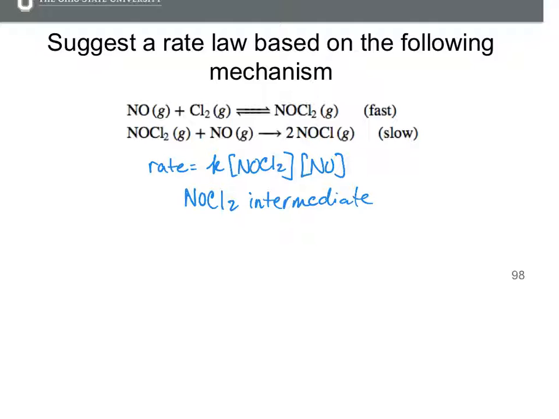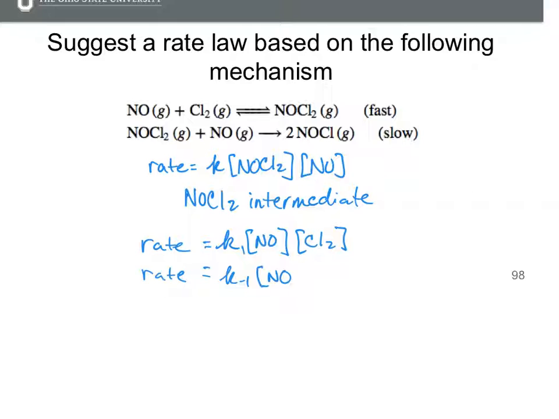So we need to substitute that out, and we do that using the equilibrium from step 1. For the forward reaction of step 1, rate equals K1 times NO times Cl2. And the reverse reaction, rate equals K minus 1 times NOCl2.